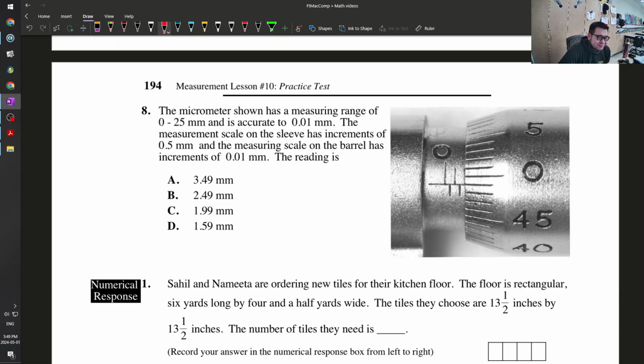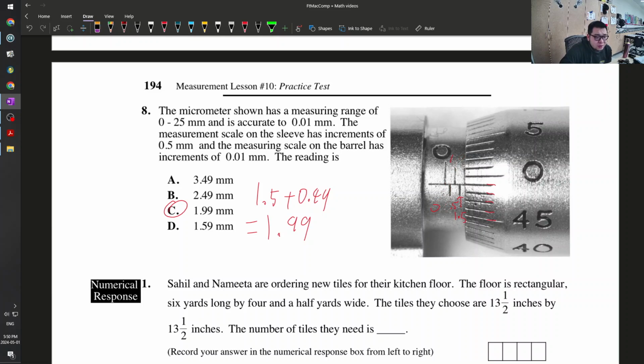So this is 0, 0.5, 1.0, 1.5, and then 1.5 plus 45, 46, 47, 48, 49. So 0.49, which gives me 1.99. 8 is C.